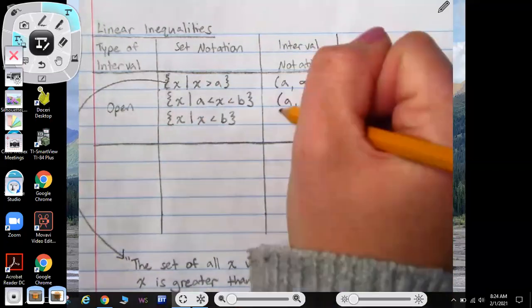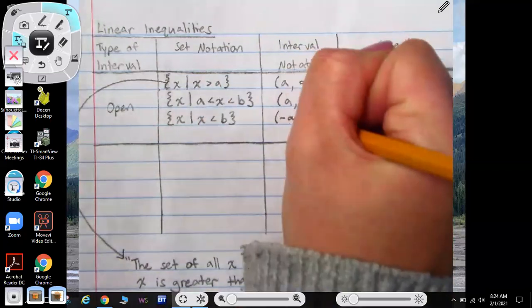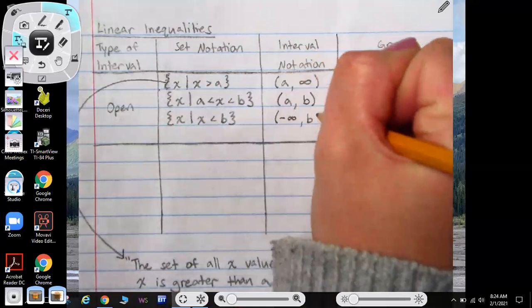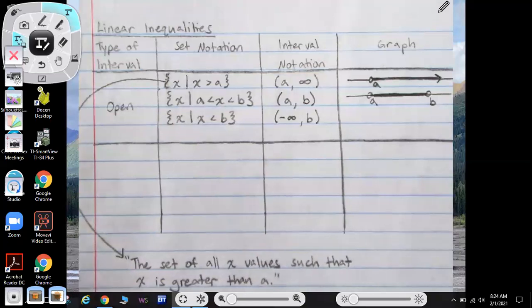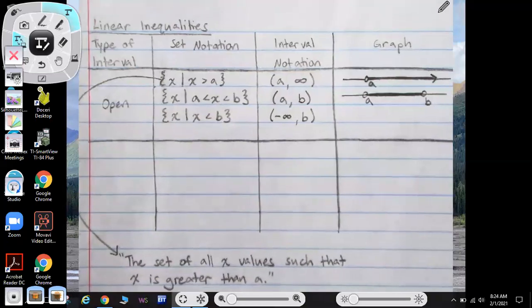Our interval is from negative infinity up to b, not including b. So we're still using the parenthesis and not square brackets. So you'll never put a bracket right there? Nope.